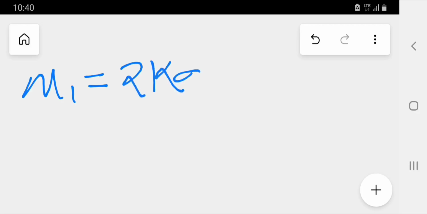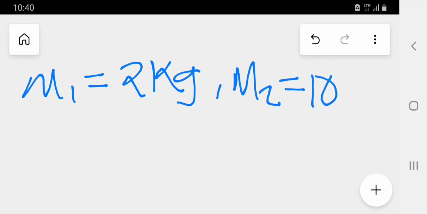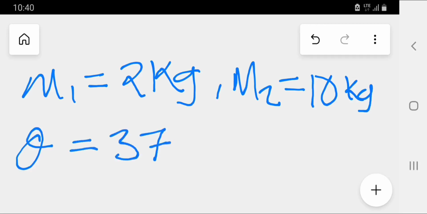We are given that mass 1 is equal to 2 kilograms, and we're also given that mass 2 is equal to 10 kilograms, and that the angle theta was 37 degrees.